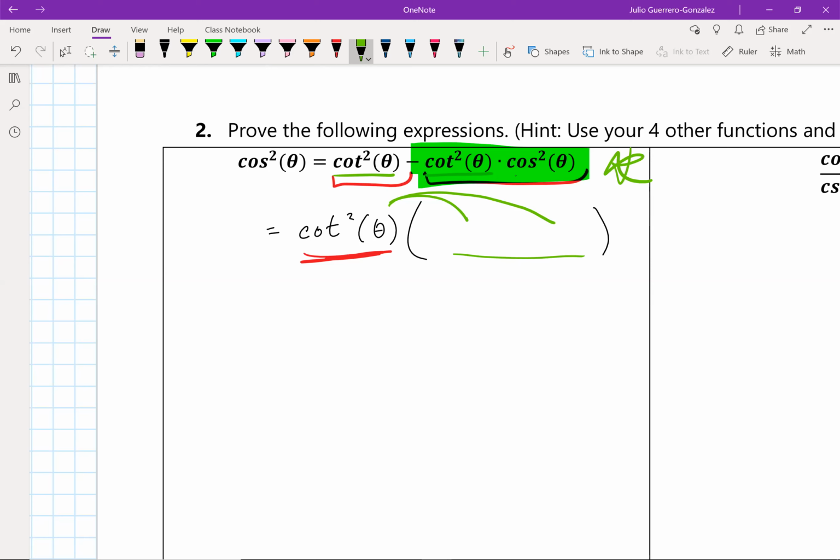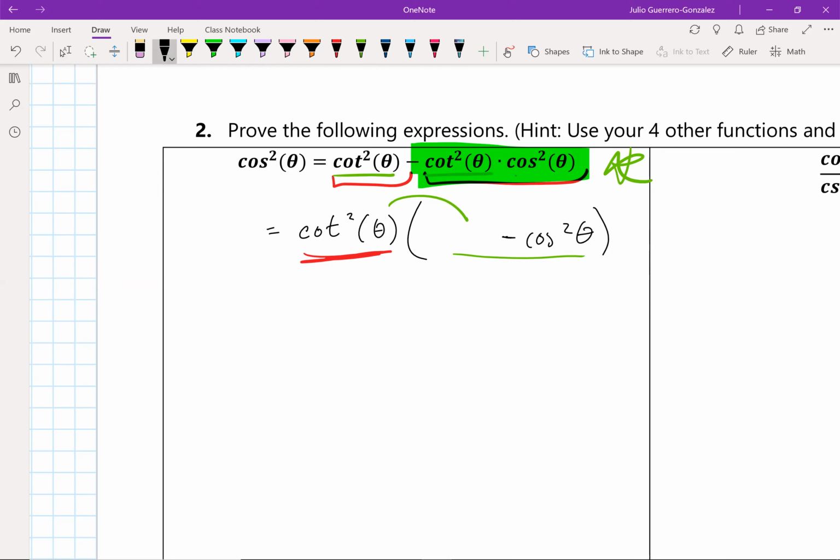Exactly. At the very end, back here, there's going to be a cosine squared theta. Does that make sense? That takes care of that one, right? But then what goes up front? And this is going to be a minus, right?